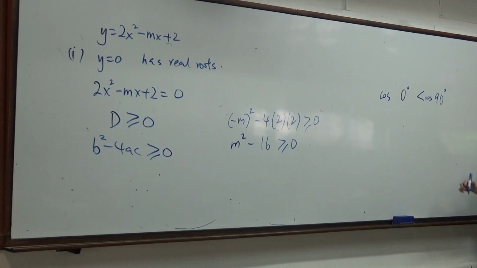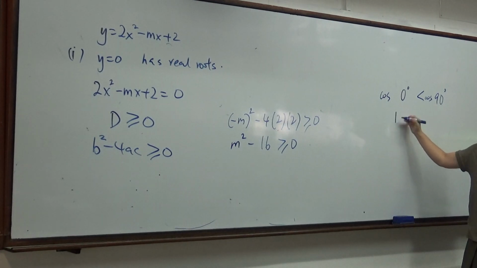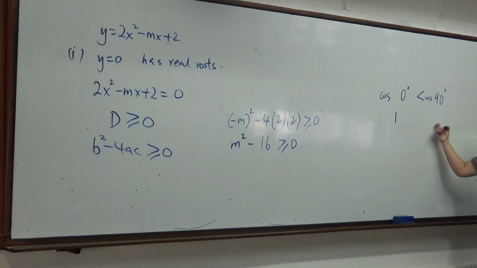All of you press: cosine 0 is what? What's cosine 90? 0. Is it like that? No, it's the other way around. That means you cannot take a function of an inequality. You don't take square root or whatsoever. You only add, subtract, or times.